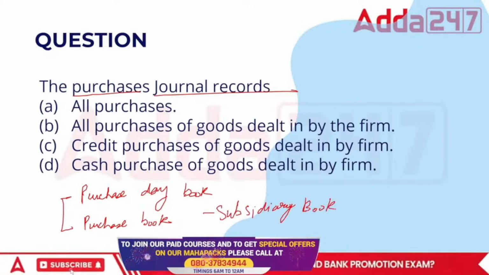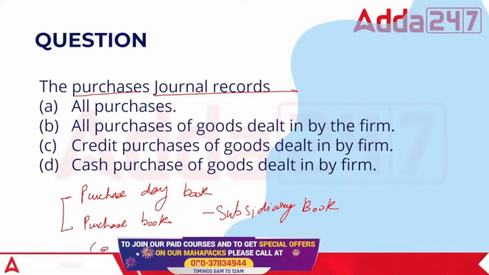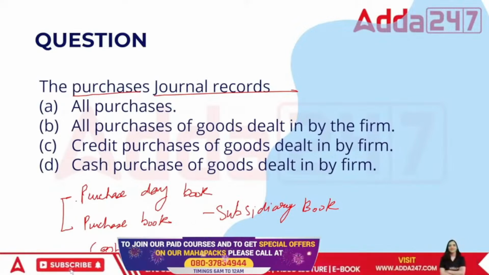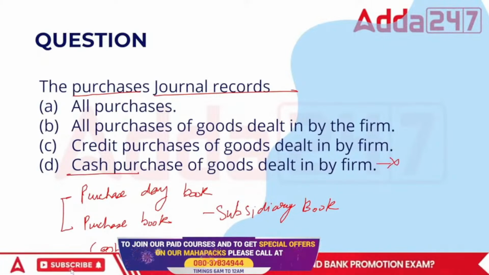When we talk about the subsidiary book, in this case, what would be the correct answer? See, cash book takes all the transactions which have a cash element in it.